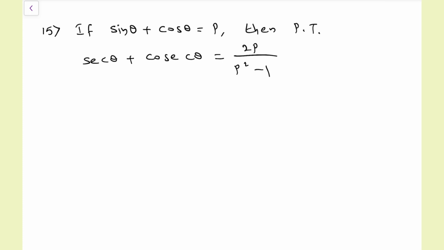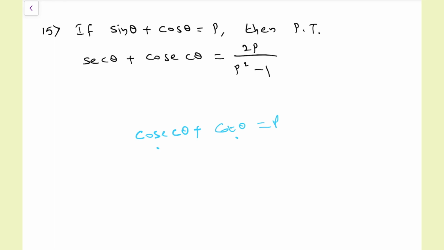If sin theta plus cos theta equals p, then prove that sec theta plus cosec theta equals 2p divided by p square minus 1. If you observe this question clearly, like this only in our chapter, the last exercise, last question is there. The only difference between that question and this question is the identity. In the textbook question we have cosec theta plus cot theta equals p.